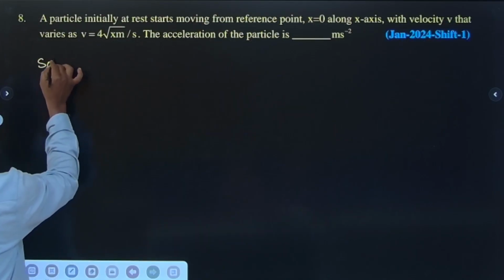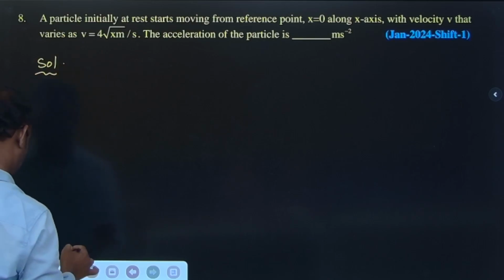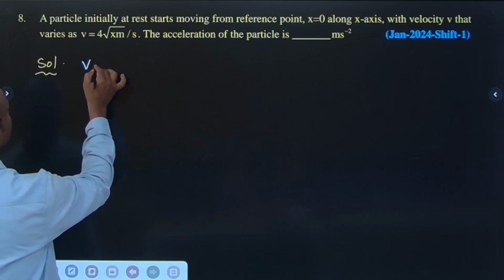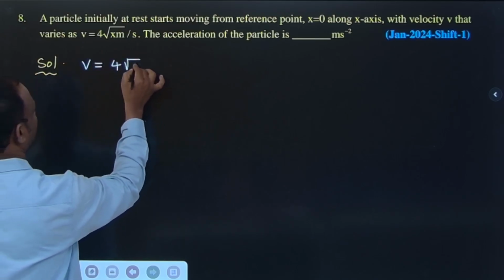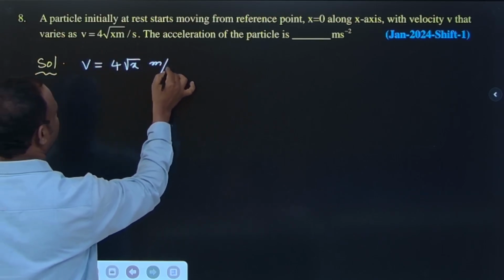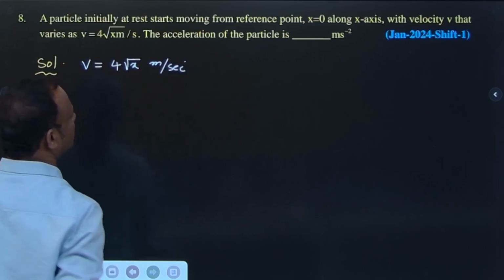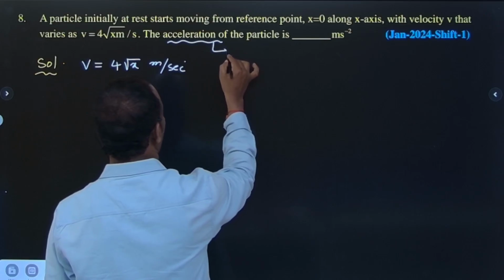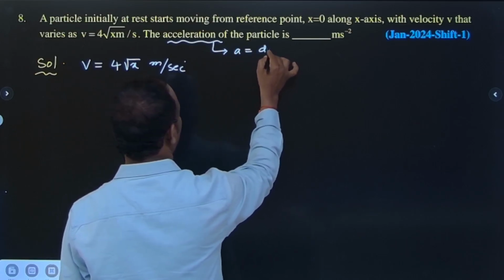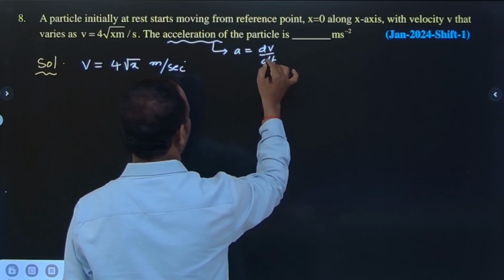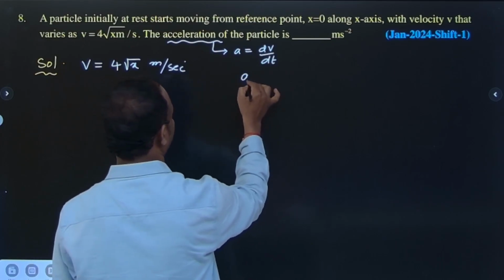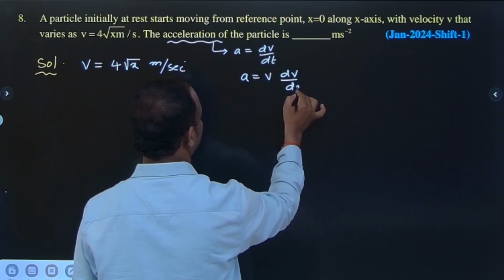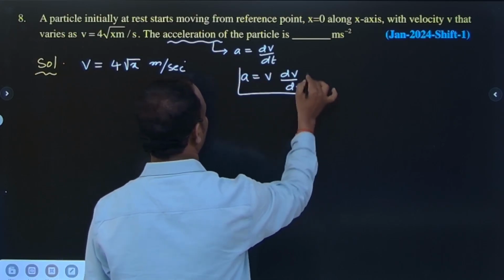See, there is a small printing mistake. Let us correct this. So first one, v is equal to 4 root x meter per second is the question. The acceleration of the particle is asked. Acceleration a is equal to dv by dt as a function of time. a is equal to v into dv by dx as a function of position.